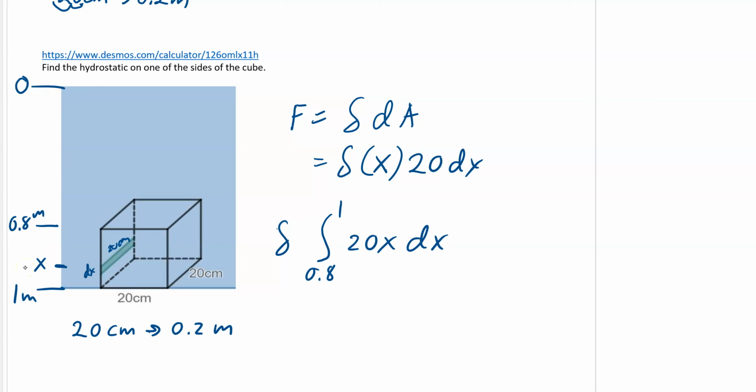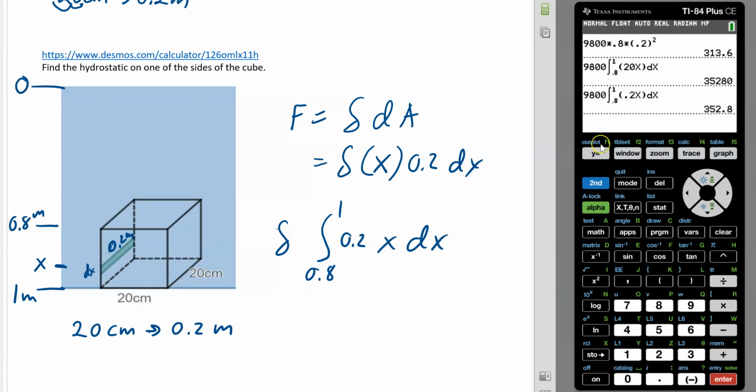But here, it's not 20 centimeters, it's 0.2 meters that we have to use. So this is not 20, it's 0.2. To convert, we just divide by 100, but we're going to put it there anyways, and we end up with 352.8. That's much better.